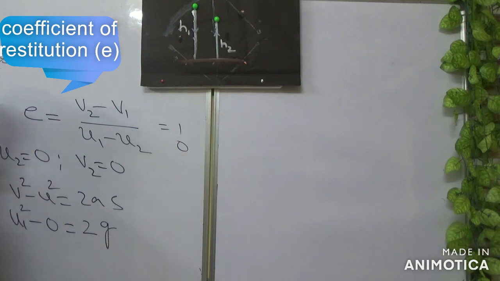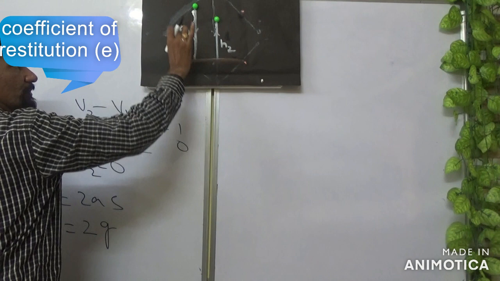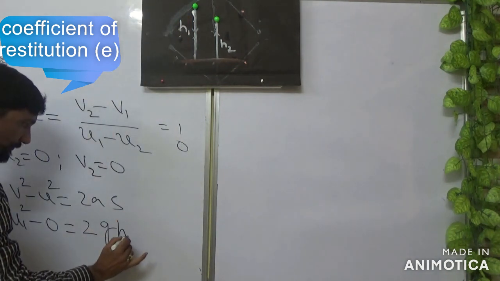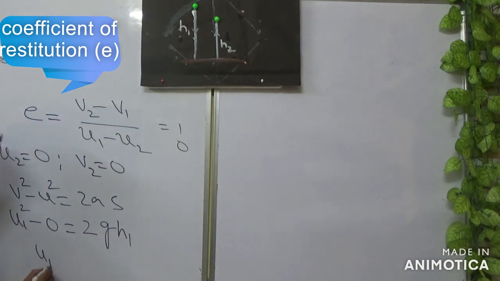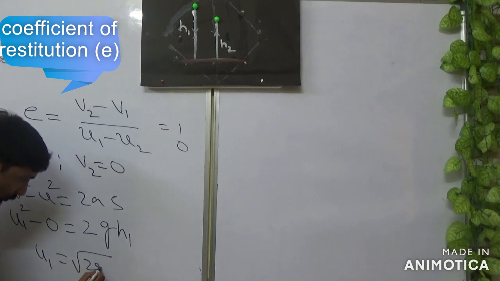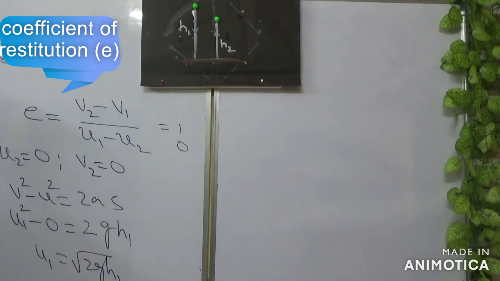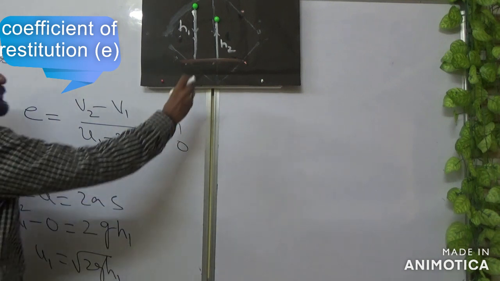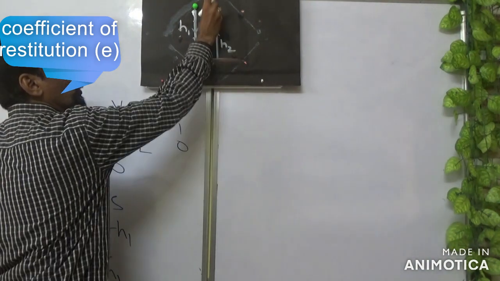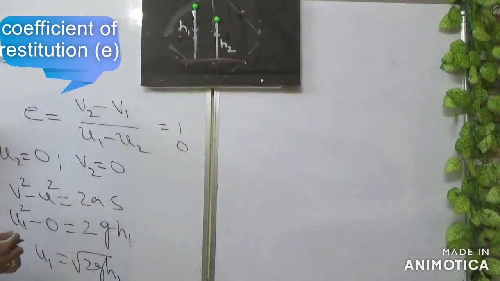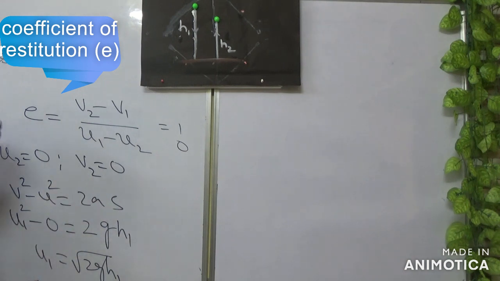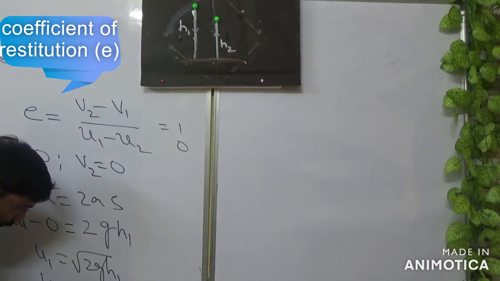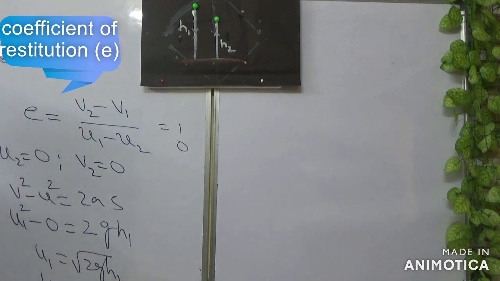Acceleration for a freely falling body is g, and displacement is h1. So u1 is under root 2g h1. After striking the ground, it rebounds to h2. Using the same relation, v1 is under root 2g h2.